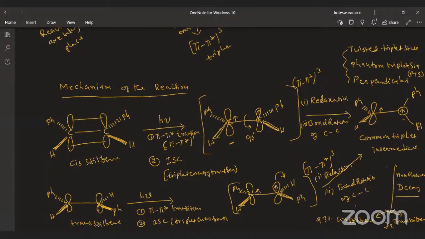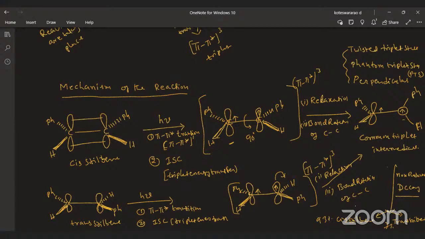Okay. Now, when you are coming to the energy discussion, if the object is to prepare a particular geometrical isomer, the choice of wavelength is the most important thing to decide. Whatever wavelength of light you are using for the state is important.